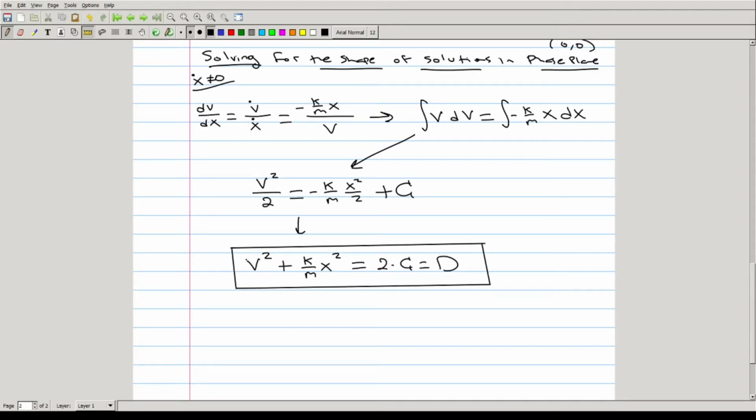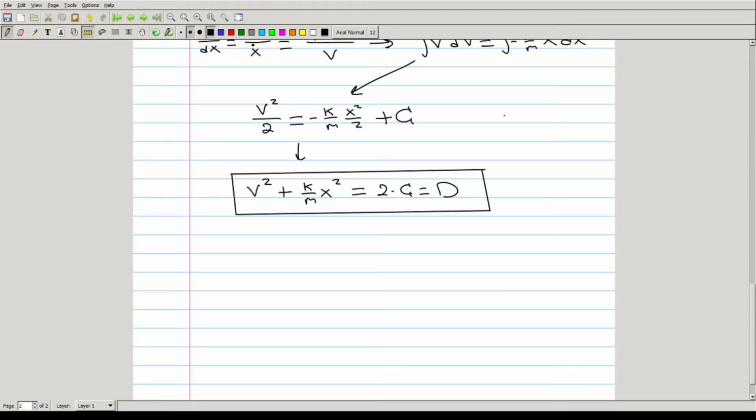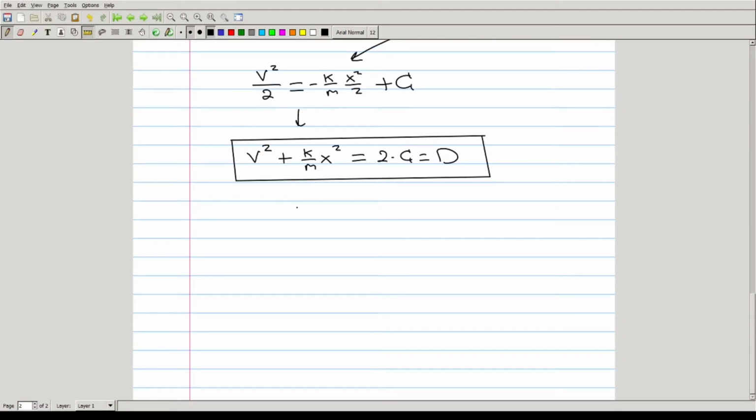And this is exactly the equation of an ellipse in two-dimensional Vx space.